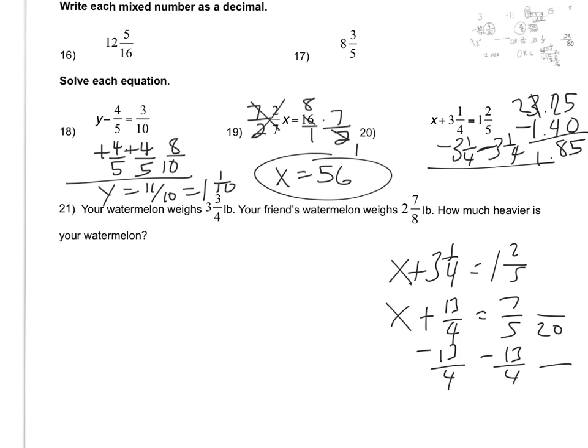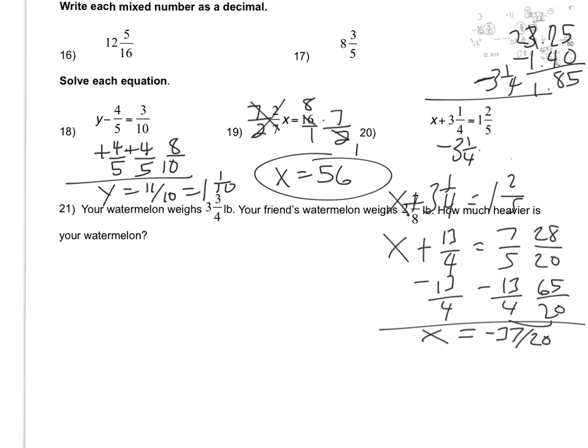And we do need a common denominator when we're subtracting, so times by 4 we get 28/20, times by 5 we get 65/20, and so when we subtract there we get x equals, I think, negative 37/20, which could be reduced to, if you wanted to, x equals negative 1 17/20. However you prefer to do that, that's the answer.